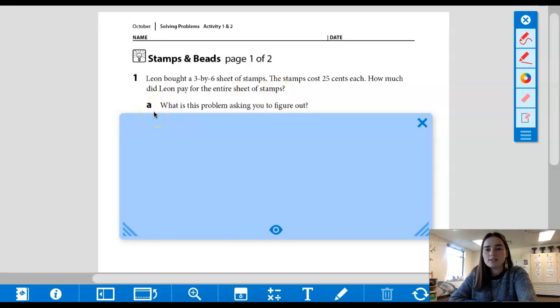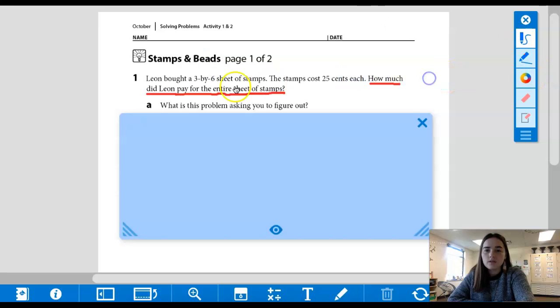Question A. What is this problem asking you to figure out? Let's take a look at that question they ask us. How much did Leon pay for the entire sheet of stamps? To answer that question, we need to figure out how many stamps he has.